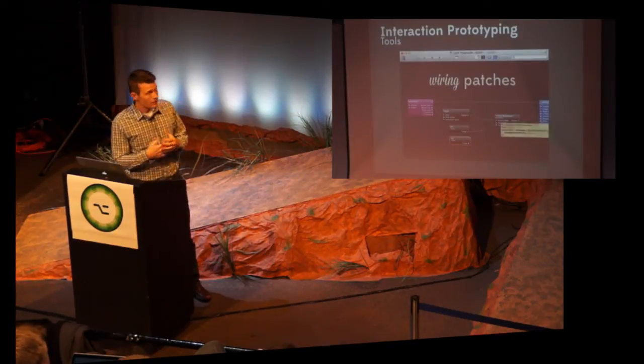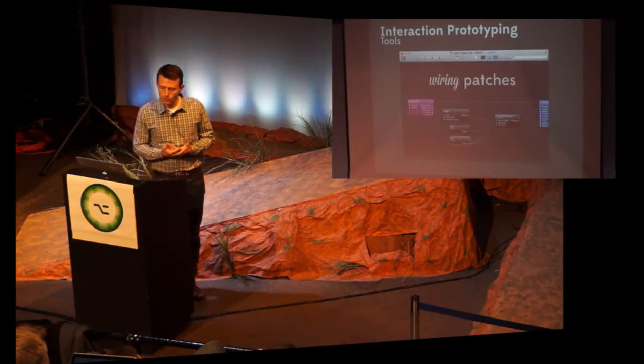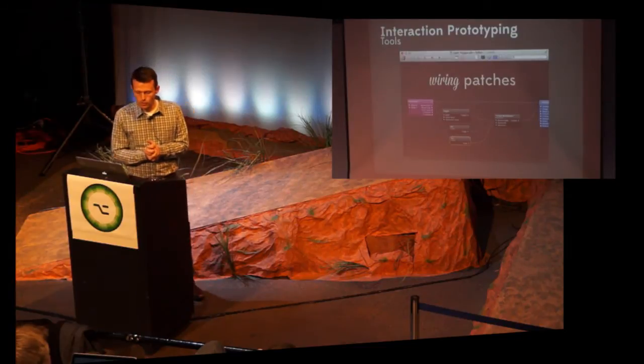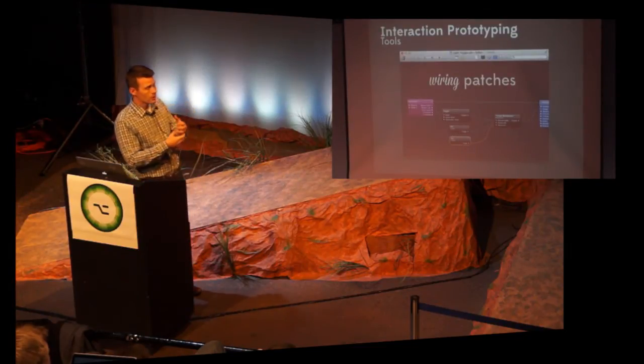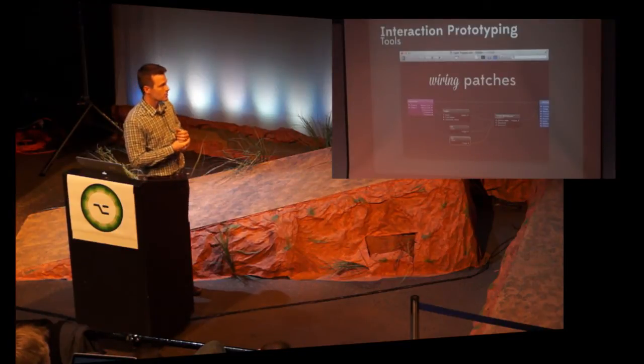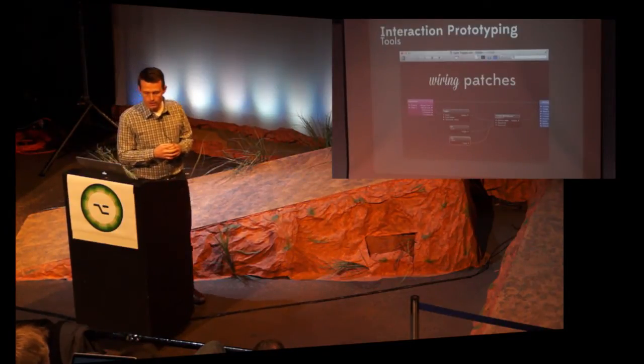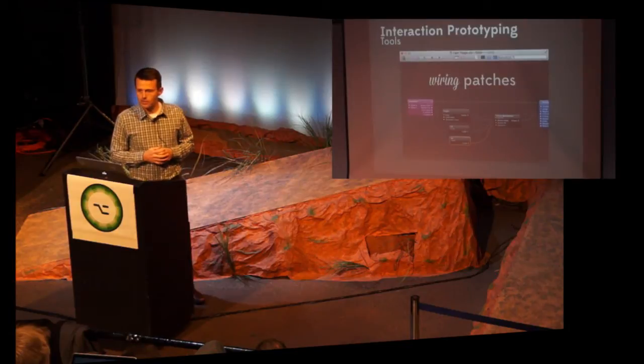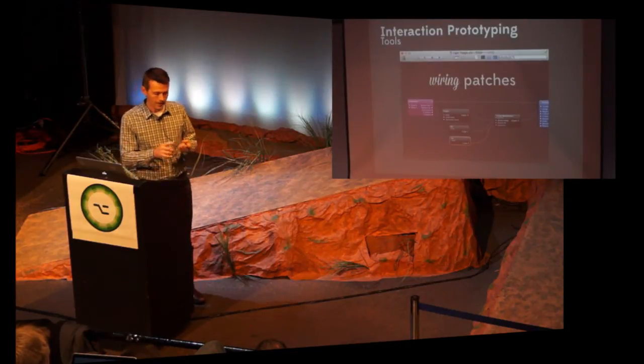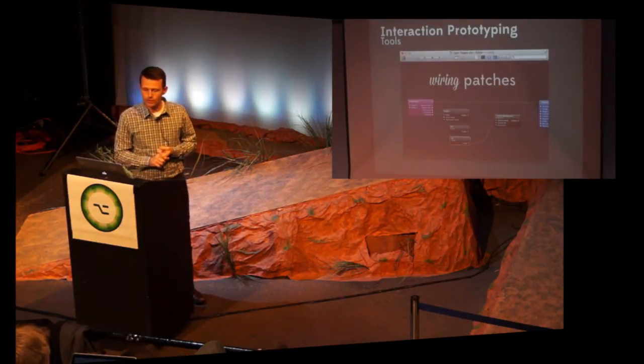So if you've never seen Quartz Composer before, it's this visual design tool where you're building up compositions by wiring what are called patches together. And patches are individual components that perform some very specific piece of logic. That could be things like capturing input from the mouse or keyboard. It could be rendering images to the screen.